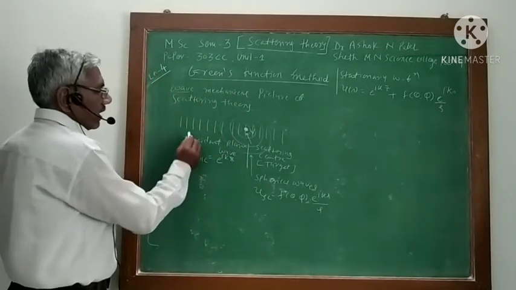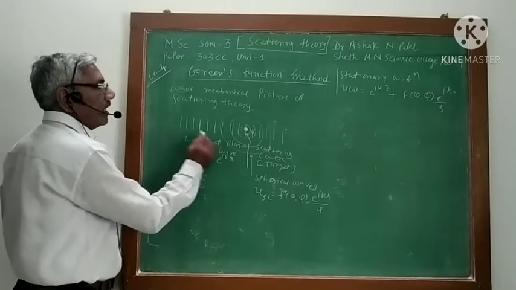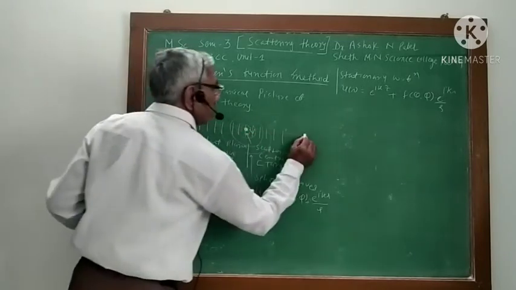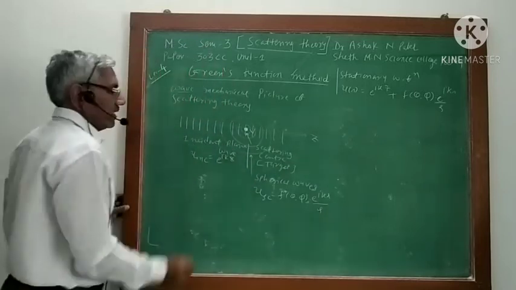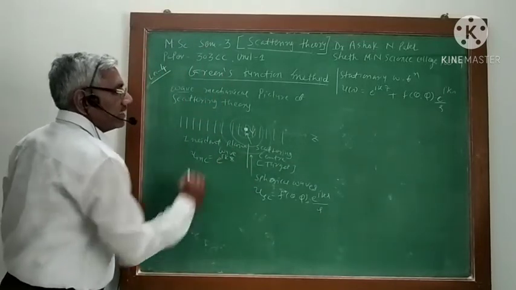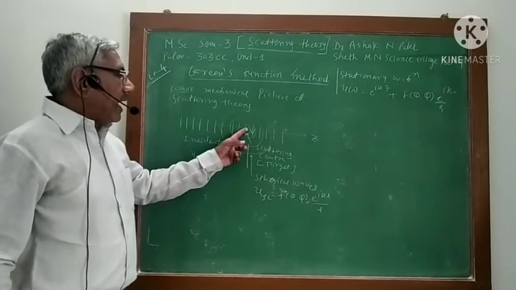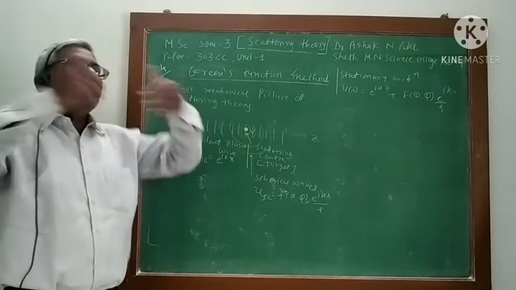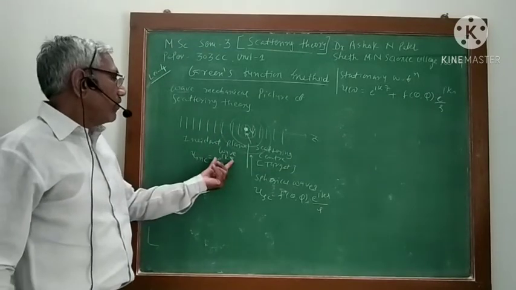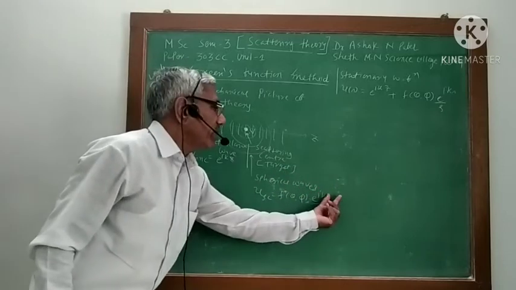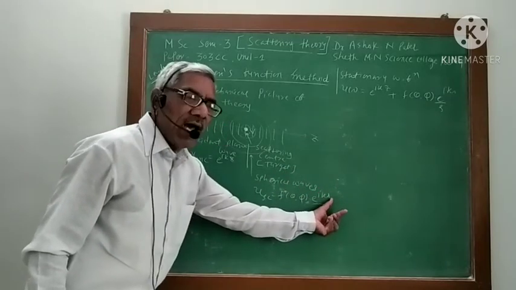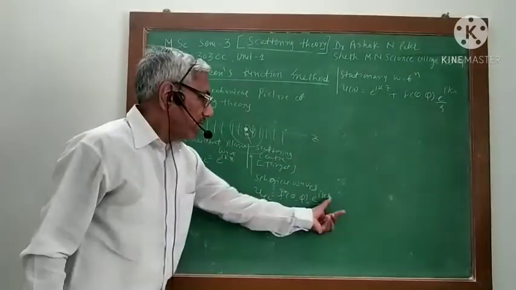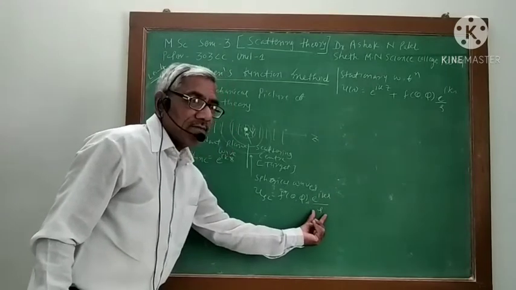I told you that the incident plane wave is moving in the z direction, and that's why I have written e^(ikz). But after the scattering, it becomes a spherical wave, so instead of z, I use r. Why have I divided by r?